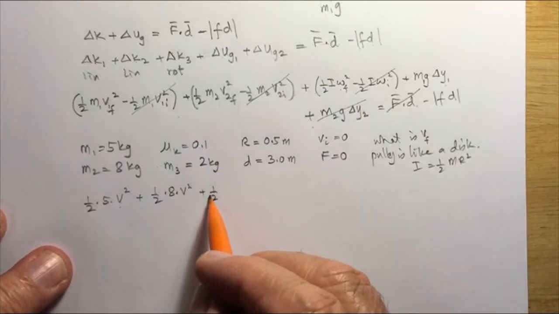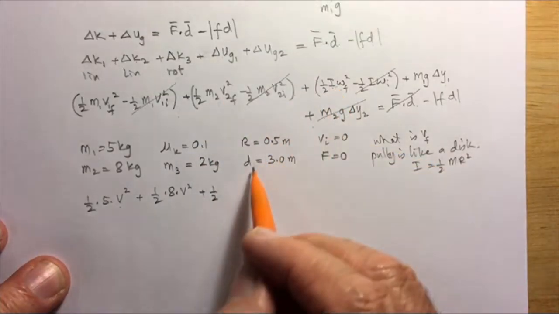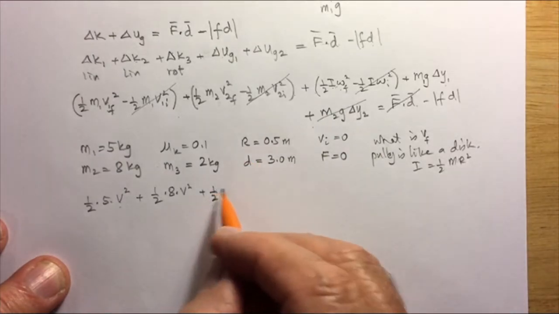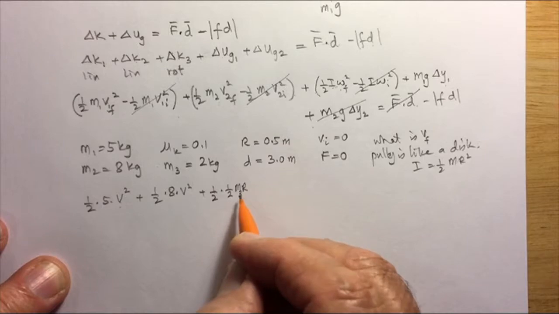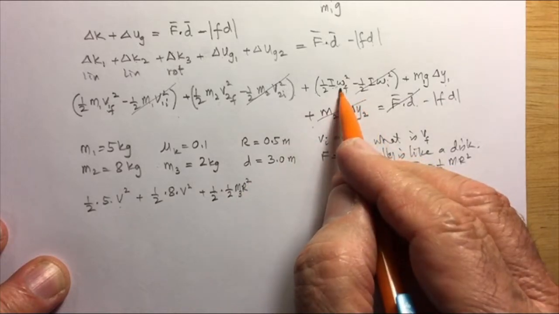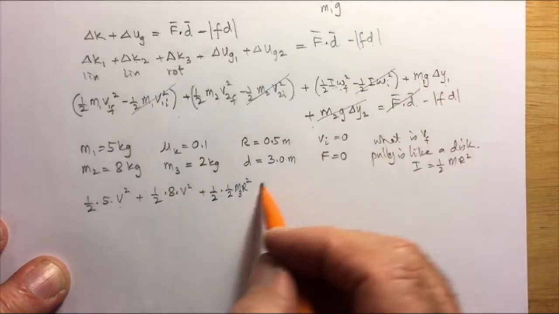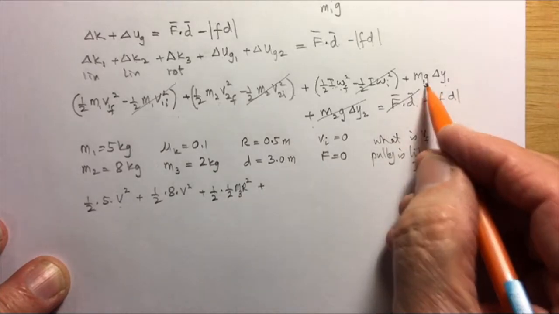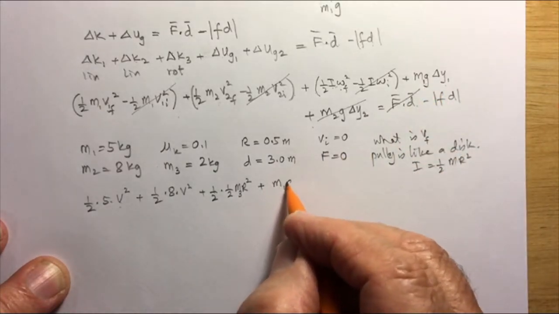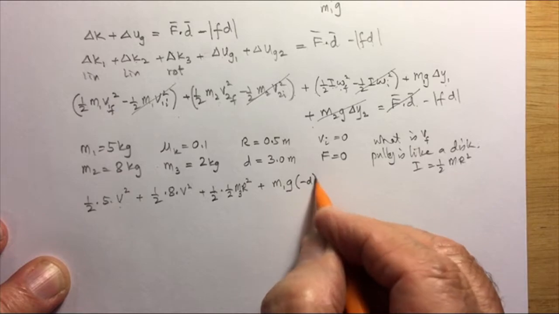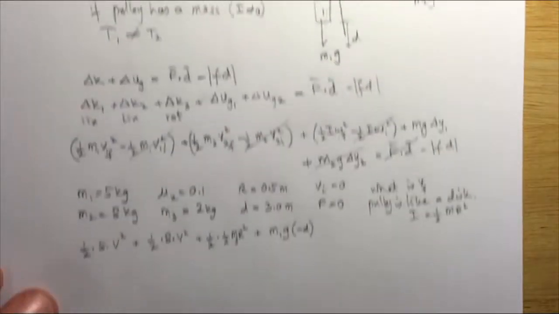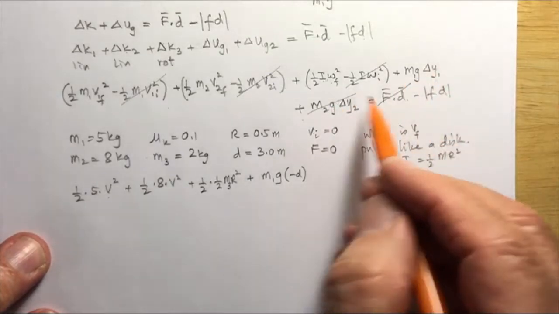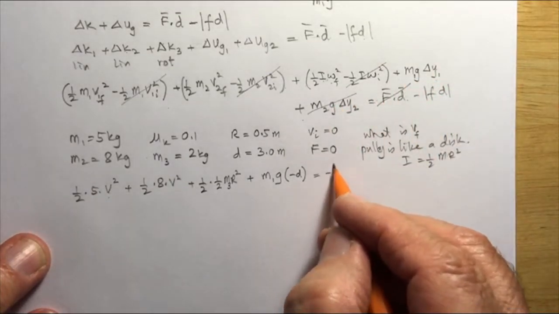So we'll plug that in here. This value over here becomes half m3 r square, and this is 0, plus m1 g delta y, so it's going to be m1 g, and the delta y is minus d, because it falls the distance d, so the final minus initial will be negative, and equals minus f d.